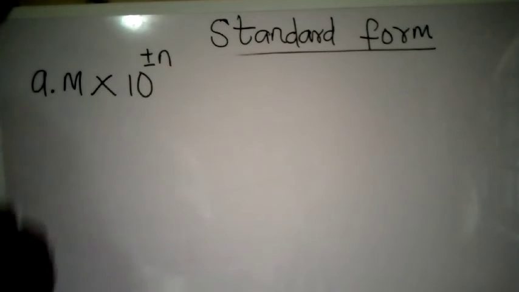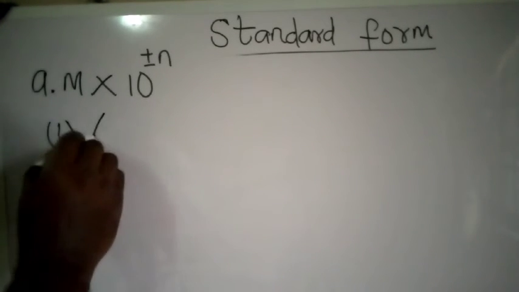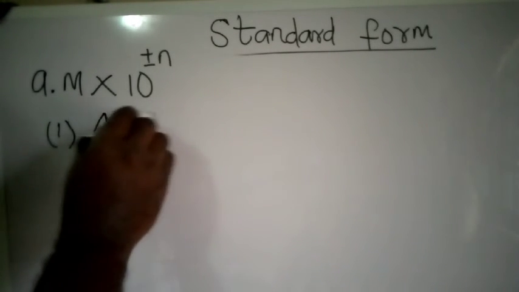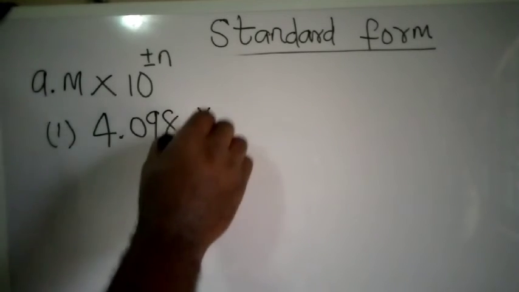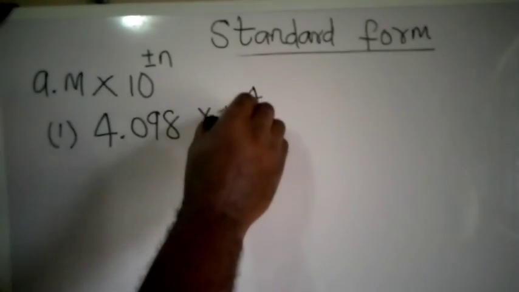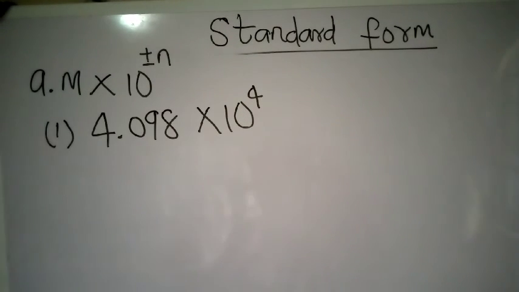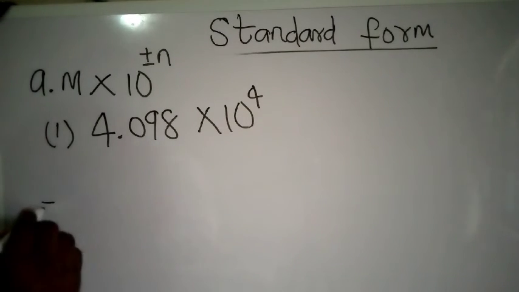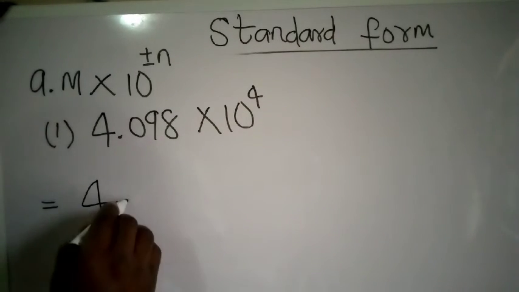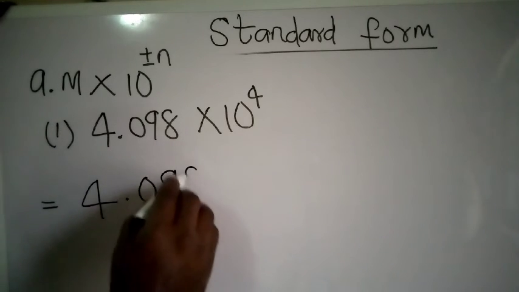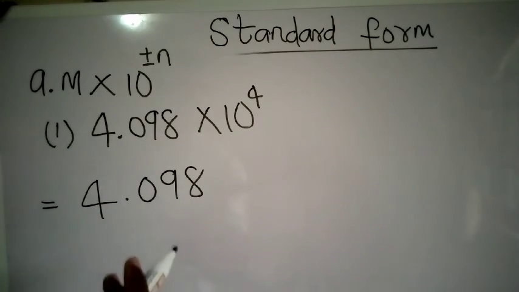I have this number 4.098 times 10 raised to the power of 4. Now if you look at this number, the 10 is raised to a positive number, be it positive 4. And the rule says that if the 10 is raised to a positive number, I should move to my right by the number of times the 10 is raised to. And that will be, I will move this 4.098 to the right 4 times.